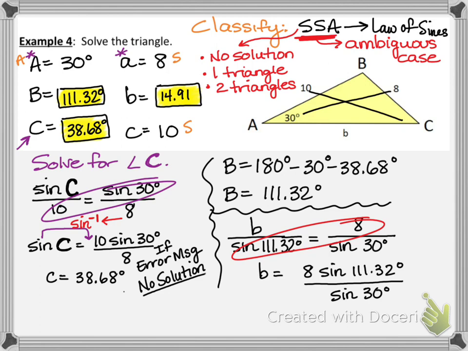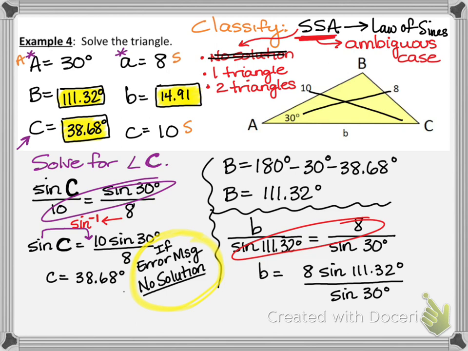I know that the answer is not no solution. So I'm going to cross through no solution because, remember, you will only write no solution if you get a negative angle or if you get an error message. So that discounted the possibility of no solution.